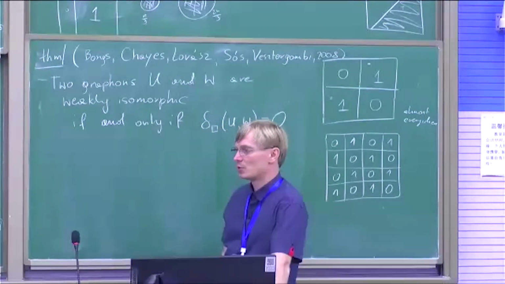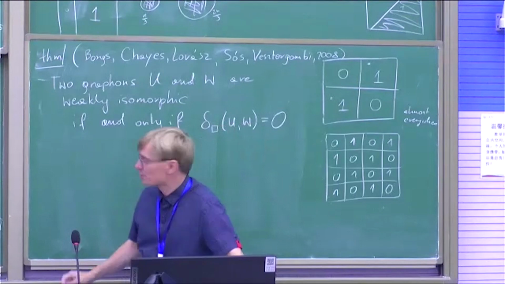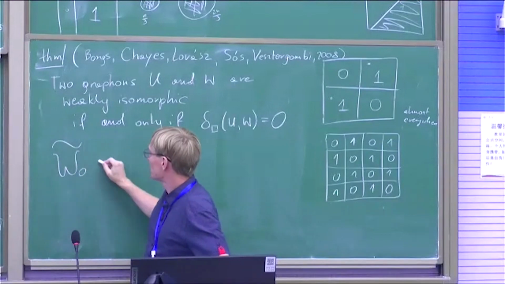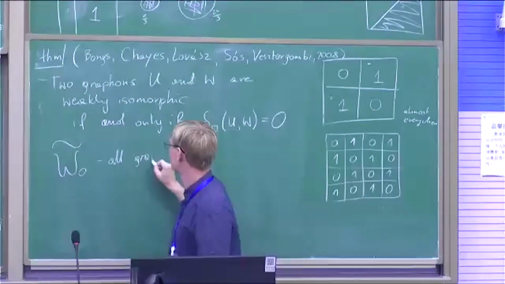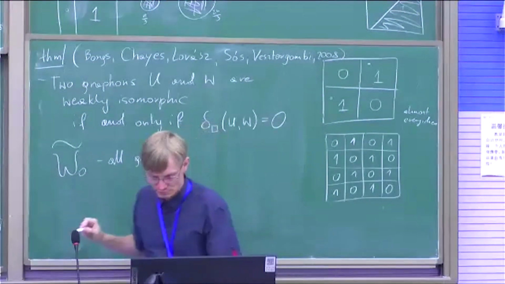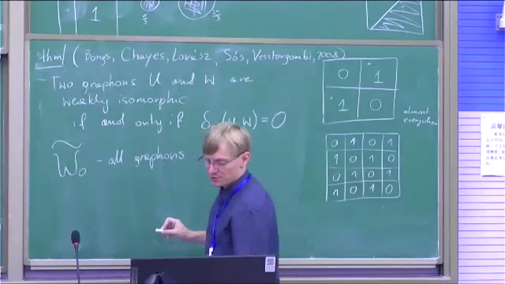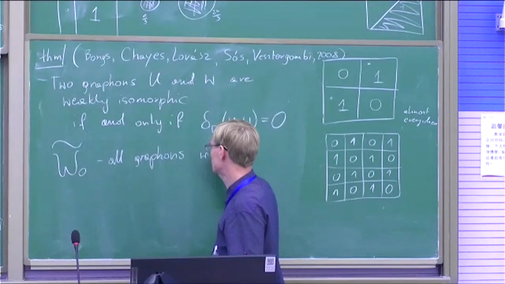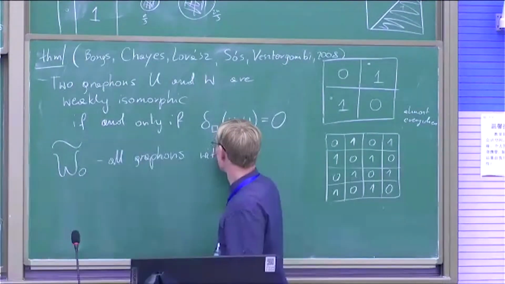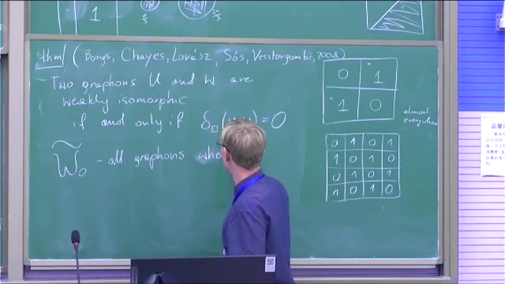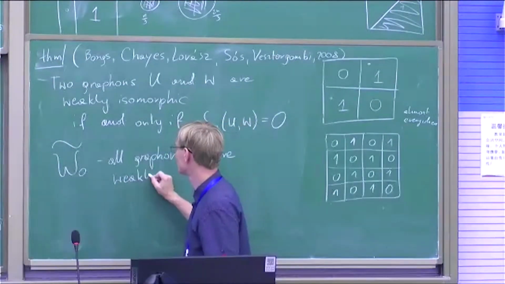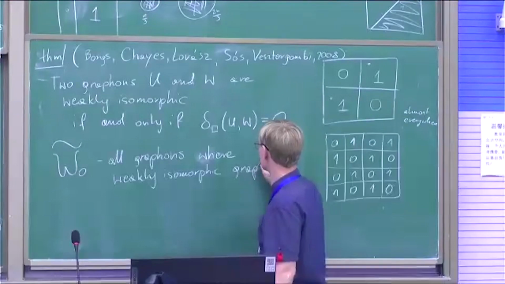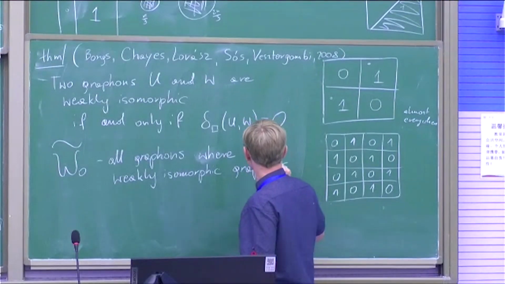So what we can do now, we can think about all graphons. Let me use the notation of Lovász. I look at all graphons where weakly isomorphic graphons are identified.